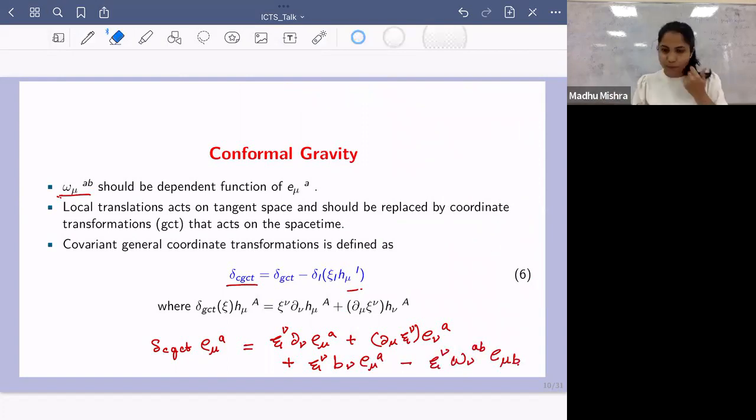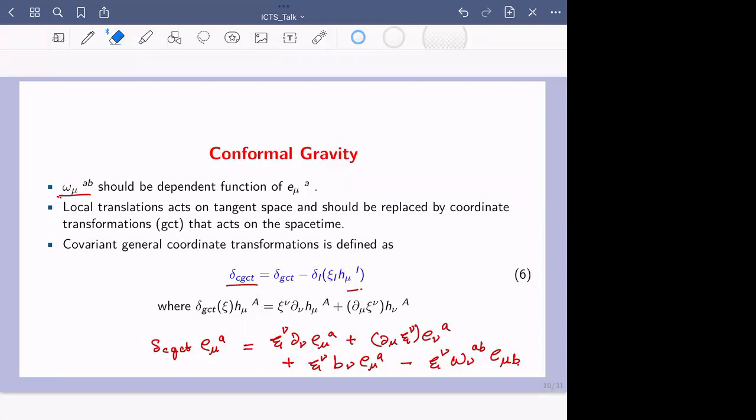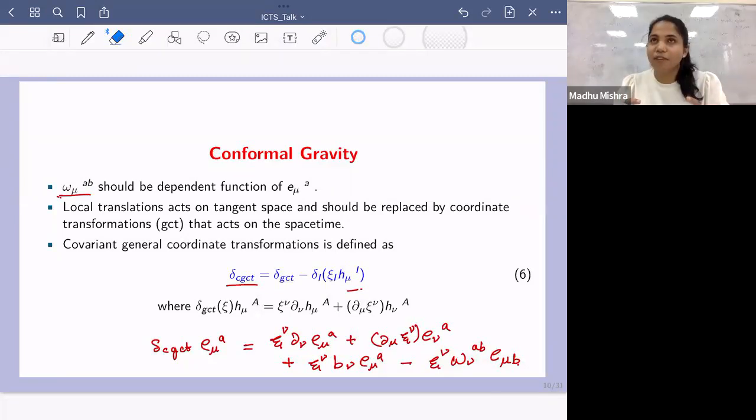Is this clear till this point? How I got this? You're just taking a particular combination of all the symmetries that you have found, and you're calling it the covariant general coordinate transformation. Is that so? Right, we basically have this general coordinate transformation, which is like a Lie derivative.